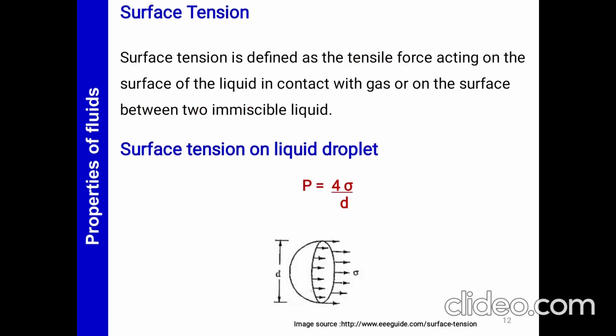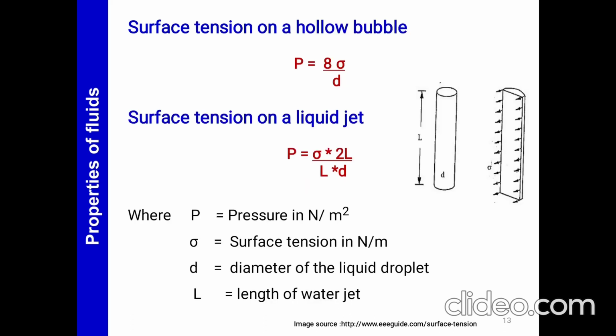Next property, surface tension. Surface tension is defined as the tensile force acting on the surface of the liquid in contact with gas or on the surface between two immiscible liquids. So, the pressure due to surface tension on a liquid droplet is given by capital P is equal to 4 sigma by D. On a hollow bubble, capital P is equal to 8 sigma by small d.